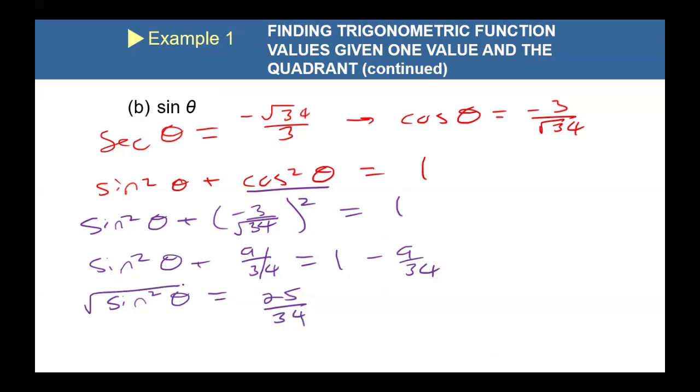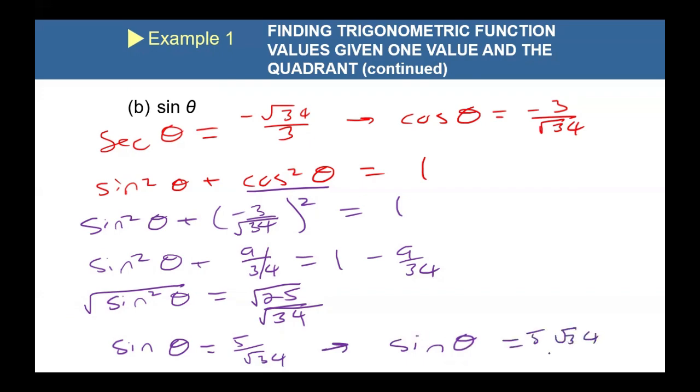And then I have to take the square root of the numerator and the denominator. Because it's in quadrant number 2, sine theta has to be positive, which leaves us with 5 over the square root of 34. Mathematically, I can't leave it like that. So therefore, sine theta equals 5 square root of 34 over 34.